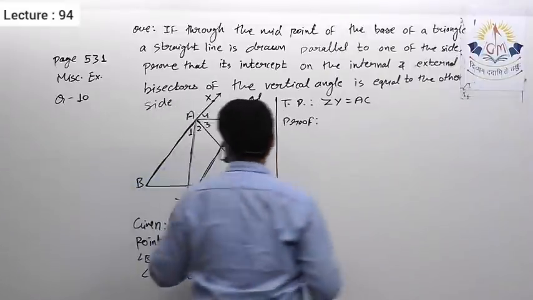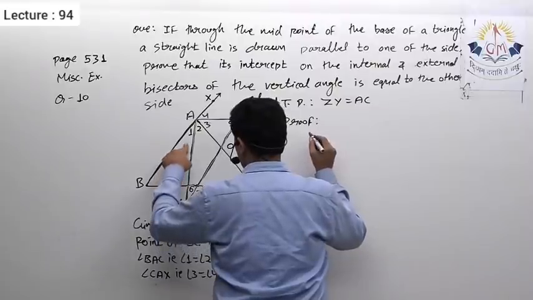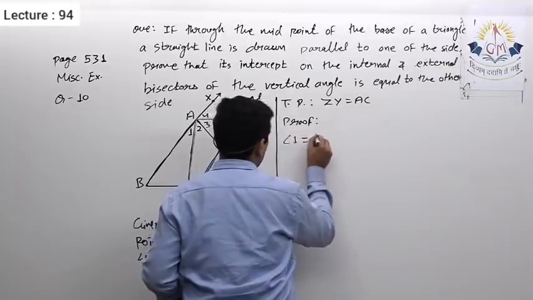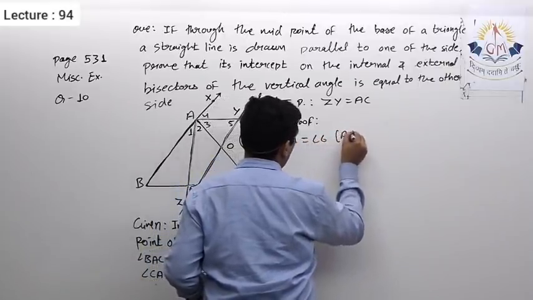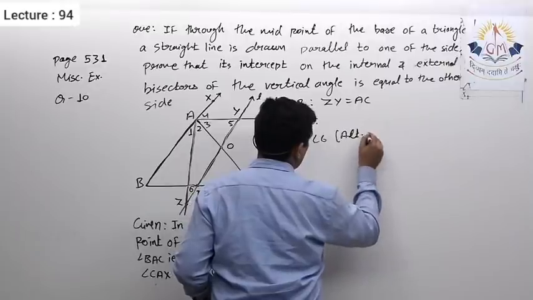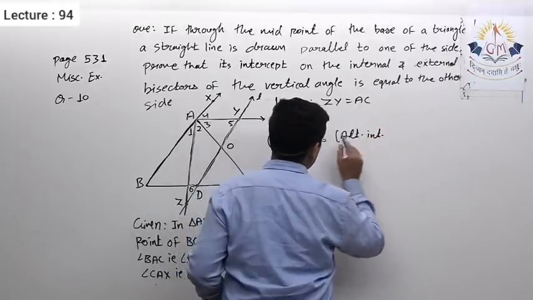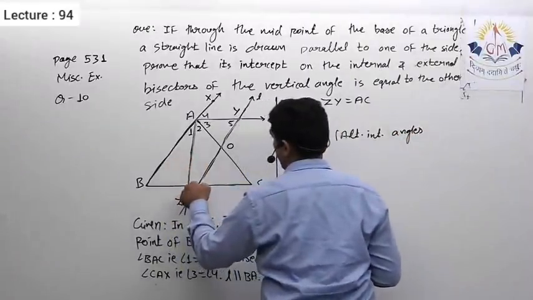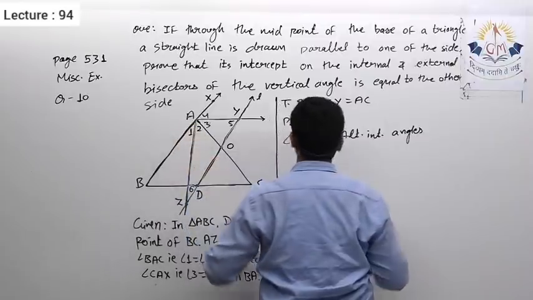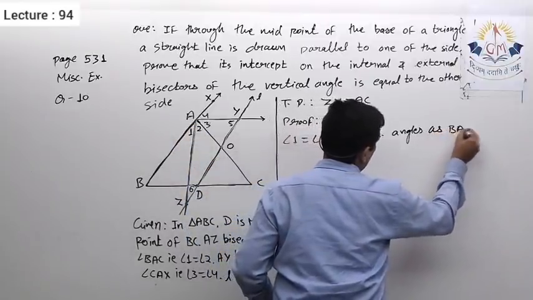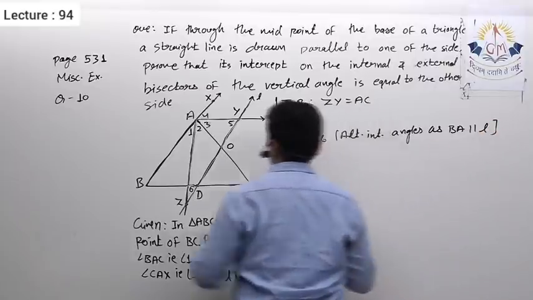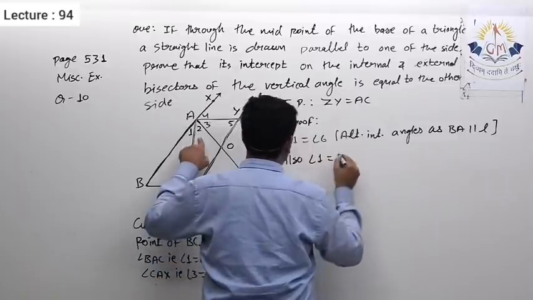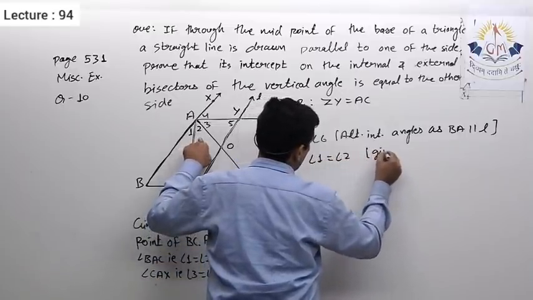First, angle 1 is equal to angle 6, alternate interior angles, as BA parallel L. Also angle 1 is equal to angle 2, that is given.